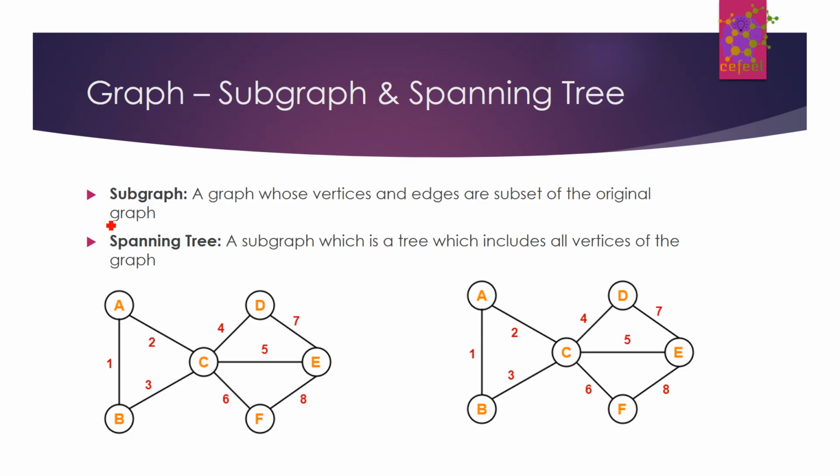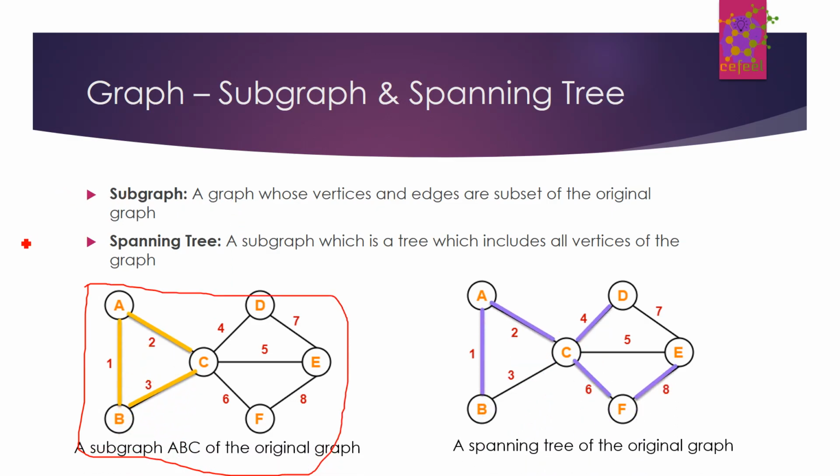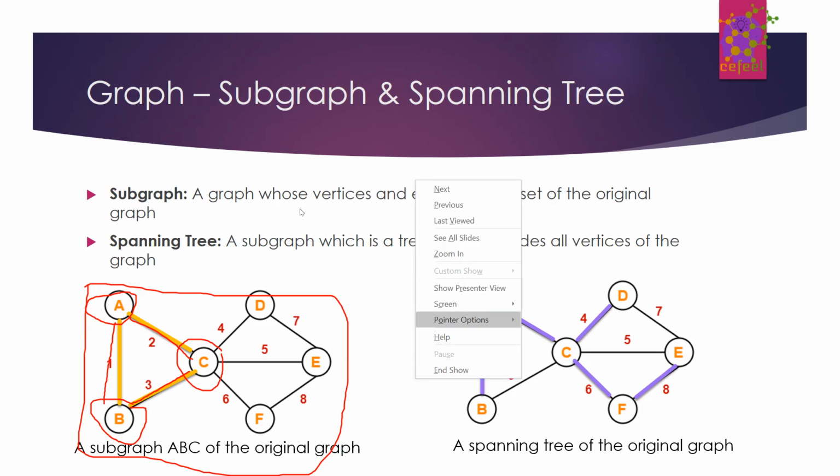So if we take this graph on the left, which has 6 vertices, you can see if we choose vertex A, vertex B, vertex C, which is a subset of the original vertices, and we choose the related edges, we will get a graph that is a subgraph.